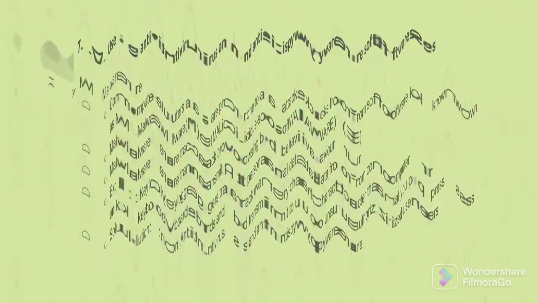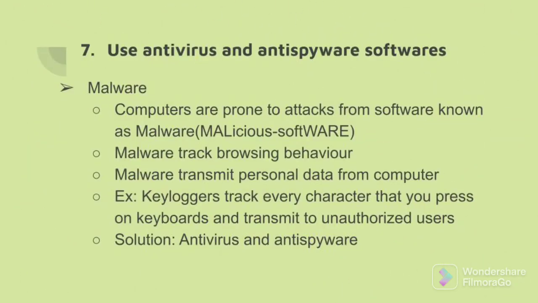The next best practice is to use antivirus or antispyware software. Before understanding the benefits of antivirus and antispyware, let us learn what malware is. Malware is a kind of software that we call malicious software. It gets installed on your computer over the network.